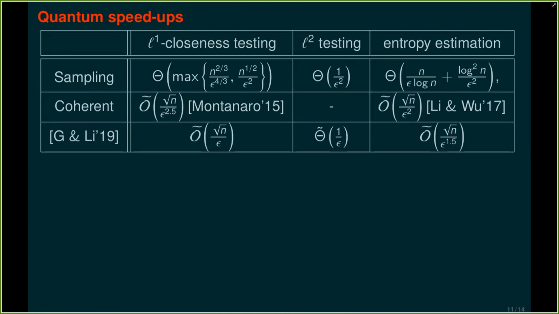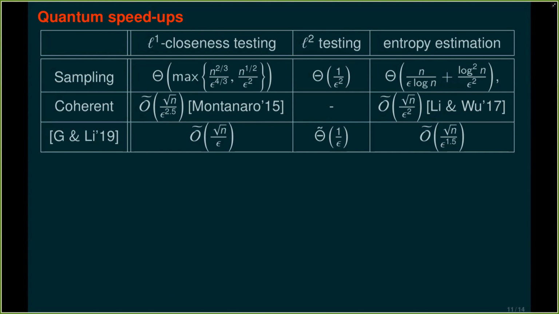And using this machinery, we could improve on various testing and estimation problems, for example, L1 closeness testing, L2 closeness testing, or entropy estimation. In the first row, you can see the complexity of this problem when you have only samples classically.